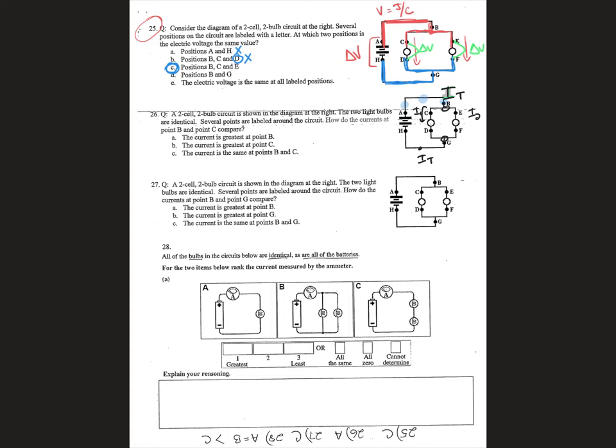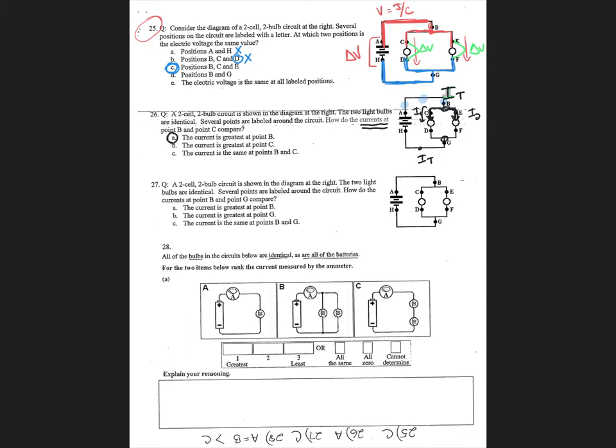B is the total current, and C has to be some fraction of B because we have current flowing to the left through the left resistor, current flowing through the right, if you can follow those small arrows. So we know that the current at B must be the greatest. C must be some amount less because we're talking about current, and current gets divided in parallel circuits.